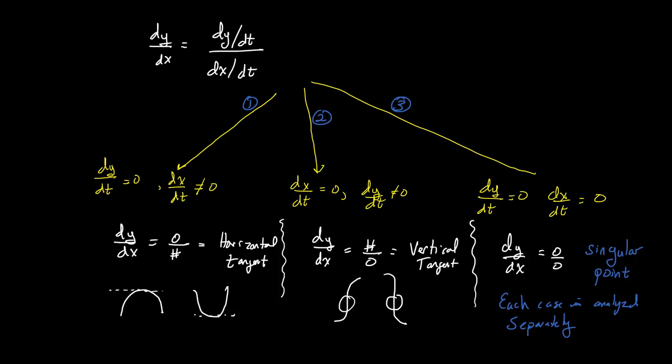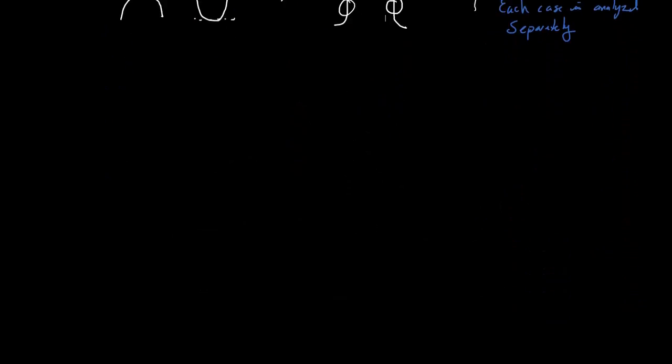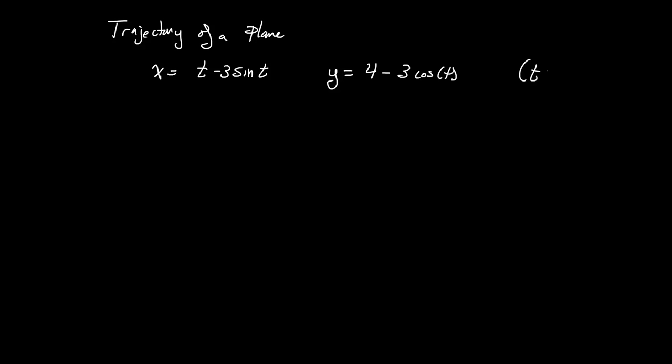So let's look at an example, and we'll look at a non-singular point example, which might be easier than looking at something singular. Let's say we have the trajectory of a plane, and it follows the parameters x equals t minus sine of t, and y equals 4 minus 3 cosine of t, and we'll restrict t to be greater than or equal to 0.